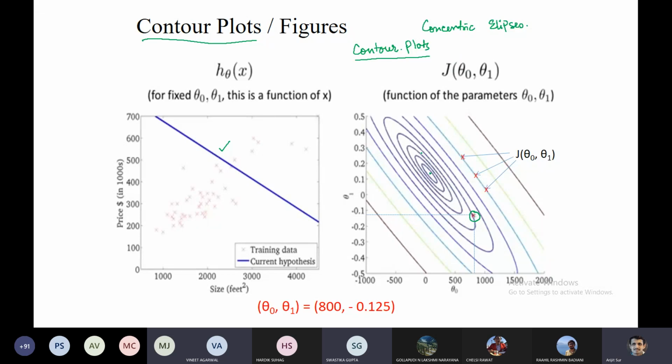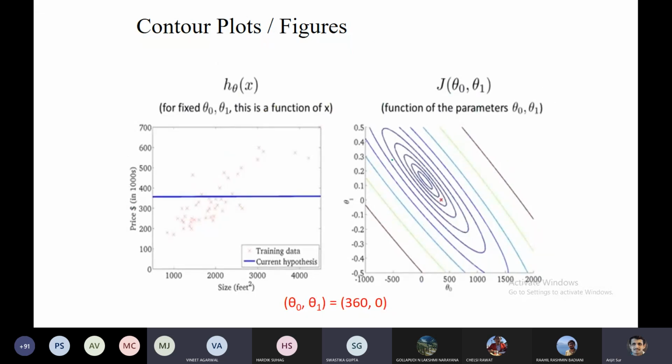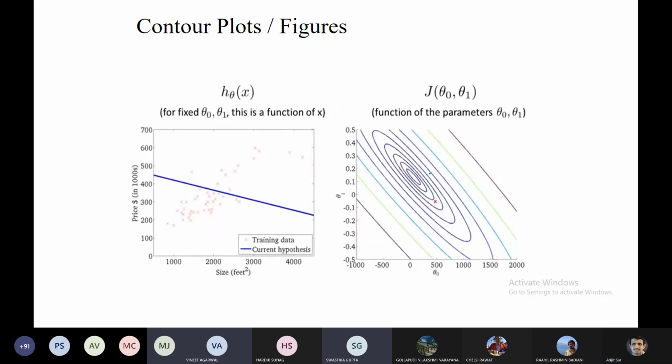But if we go to a slightly better line, something like that, you see where we are? We are a bit closer to the center. Go again. We go to a line with a different, larger distance from.